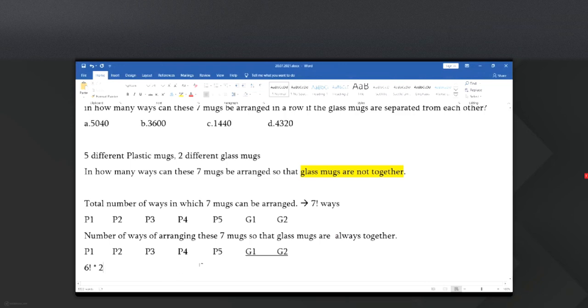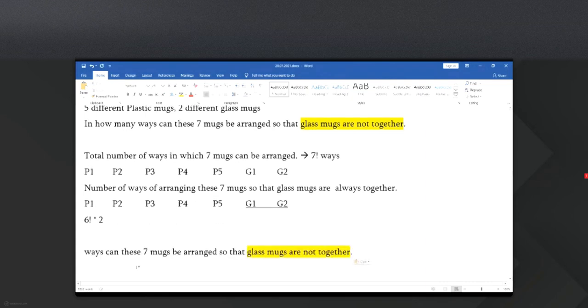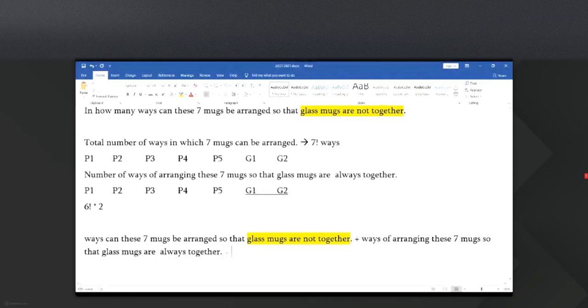So now you have to find in how many ways the 7 mugs are arranged so that the glass mugs are not together, plus the ways of arranging 7 mugs so that the glass mugs are always together, which will be equal to the total number of ways in which 7 mugs can be arranged.